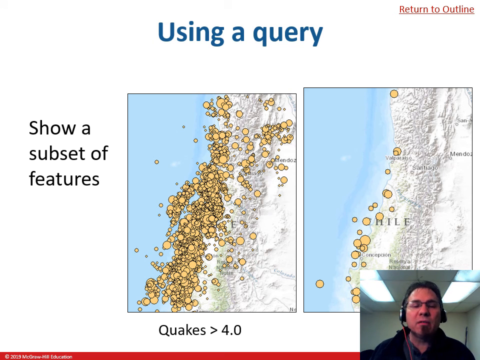So how do we do this? Well, we've already seen this a little bit with a query, of course. If you look at the picture on the left there, it's quakes greater than 4.0. Well, in seismology, 4.0 earthquakes, there's a lot of them, and they don't typically do a ton of damage, especially in this region, because there's always earthquakes. This is South America and Chile.